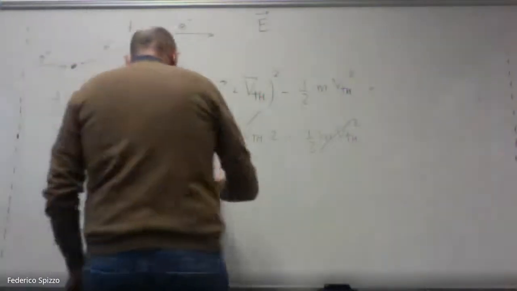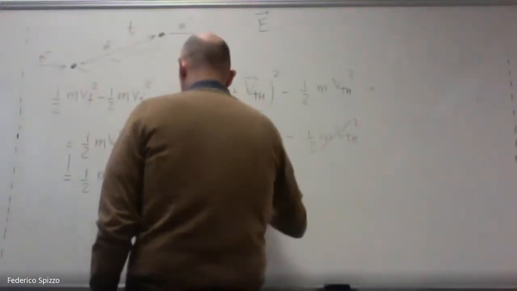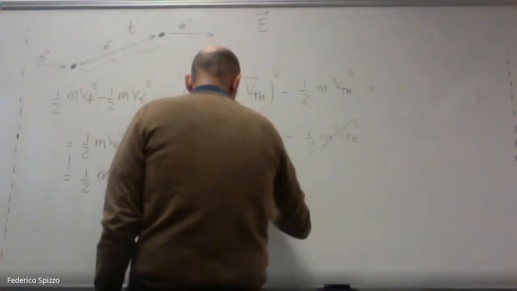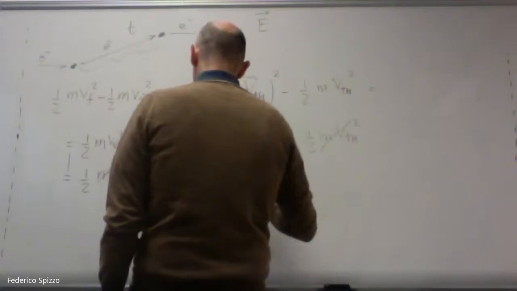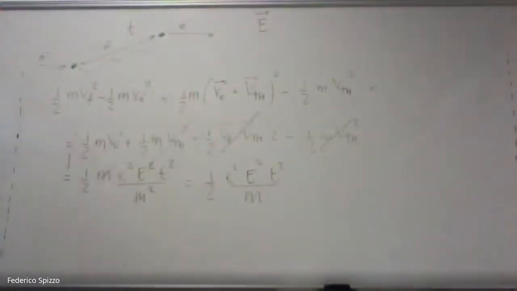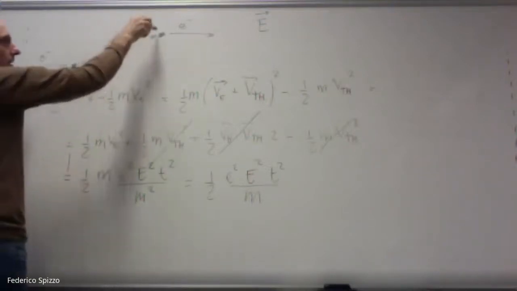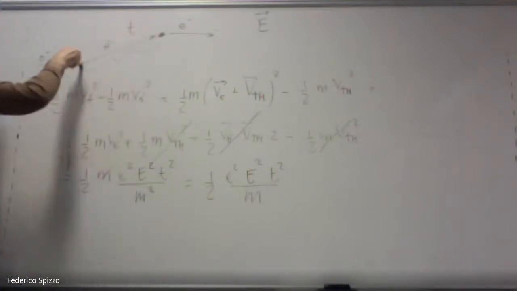So I'm left with 1/2 e squared E squared t squared divided by m. So this is the difference in energy between the electron in this position and the electron in this position.